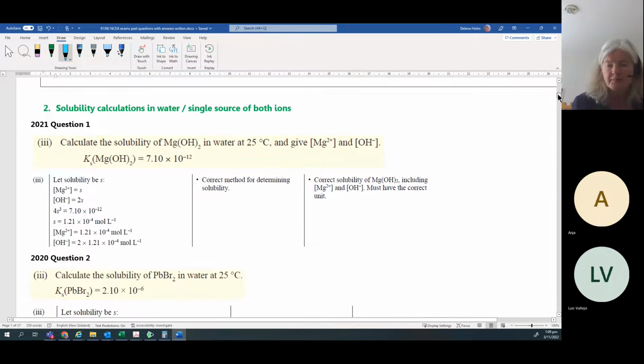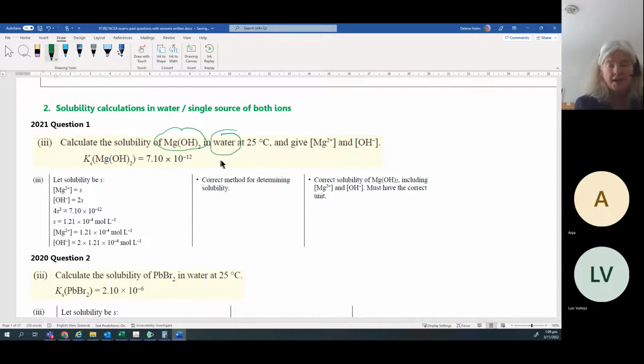Next thing that normally comes up is an achieved level question. Sometimes they get to merit, often it's just achieved. It depends on what little extra they ask. And that is when you have got a pure substance in water. Now, the way you recognize it is when you are only given one substance and they say in water.